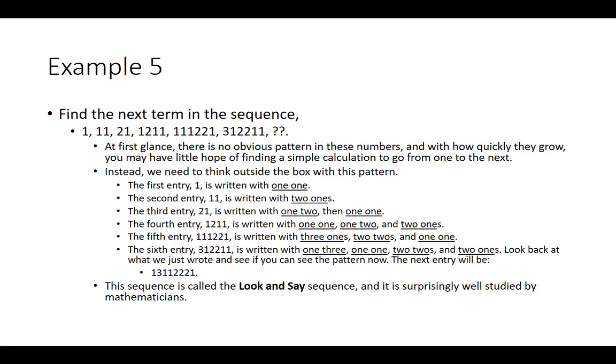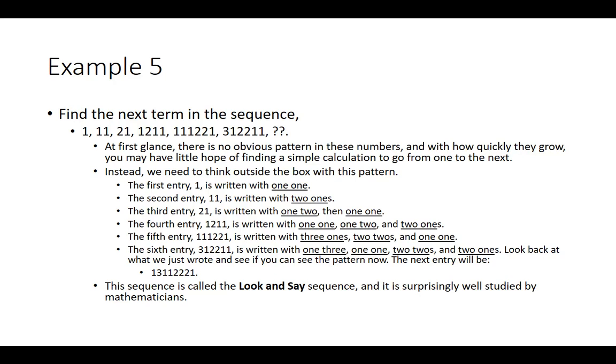Find the next term in the sequence: 1, 11, 21, 1211, 111221, 312211, question mark. At first glance, there's no obvious pattern in these numbers, and with how quickly they grow, you may have little hope of finding a simple calculation to go from one to the next.